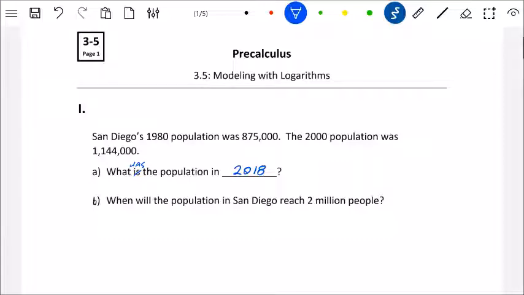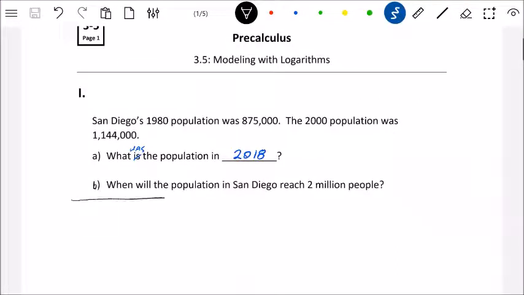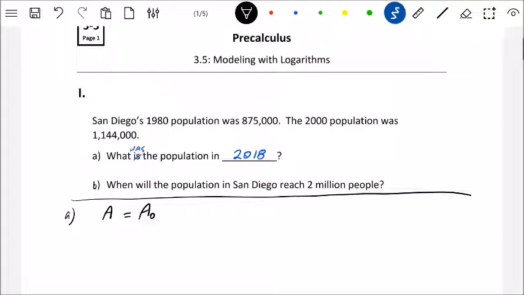We're going to use the formula. As we start doing A, we're going to use this formula: A equals A sub-zero, e raised to the kt.